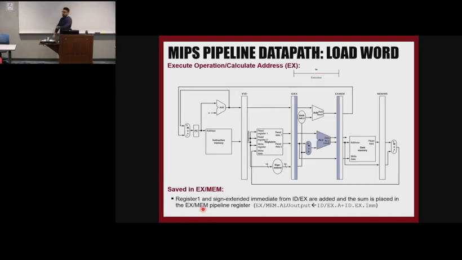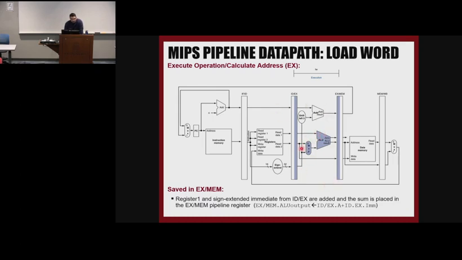So now let's see the EX/MEM step. This is the execution step. For the load and store case, we want to add the first register with the immediate part to calculate the memory address. The ALU is used to calculate the memory address.